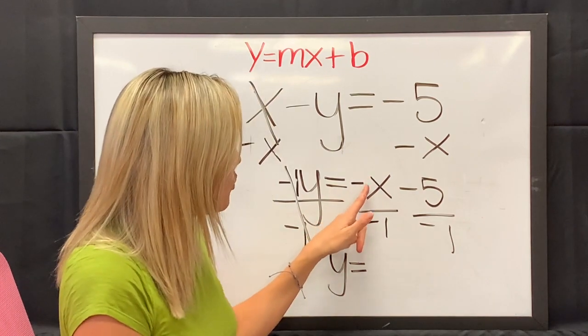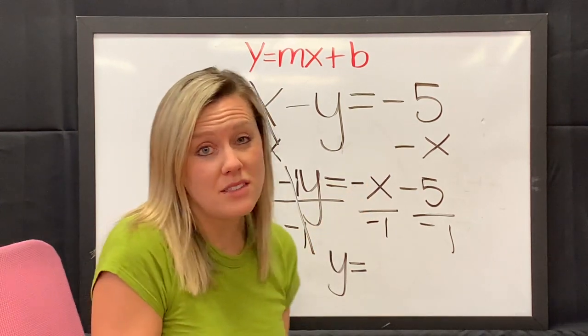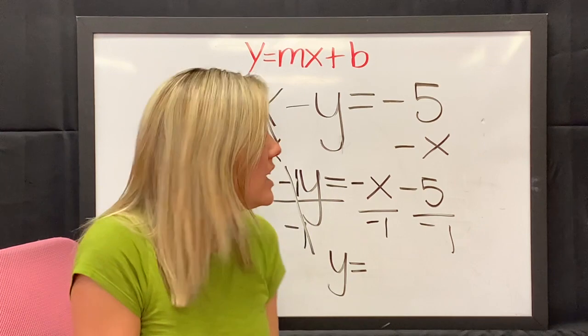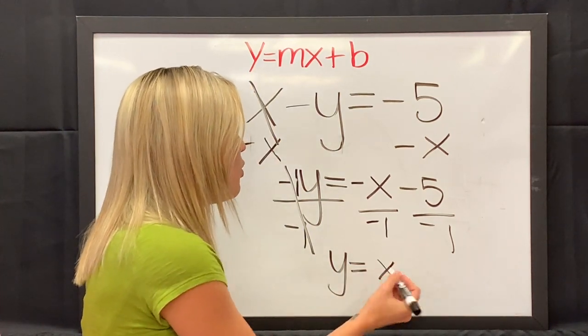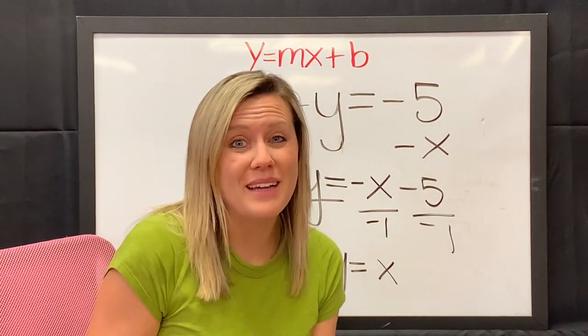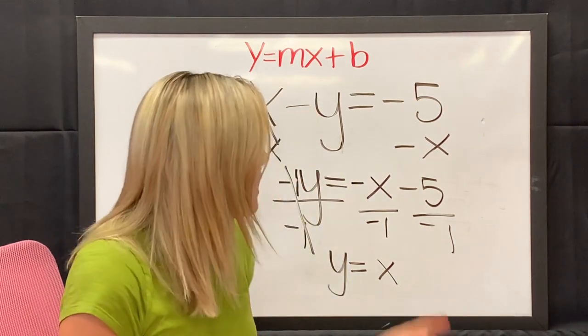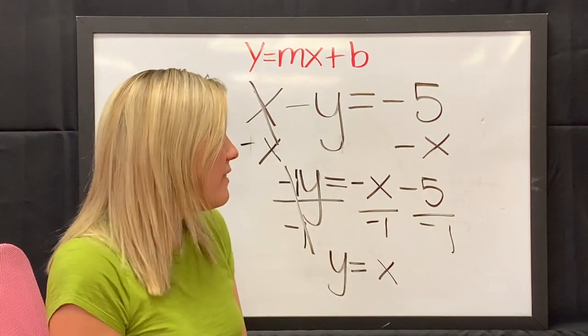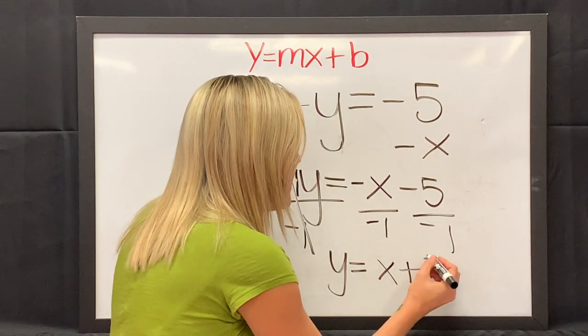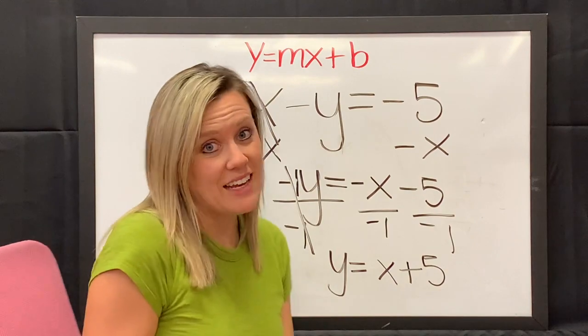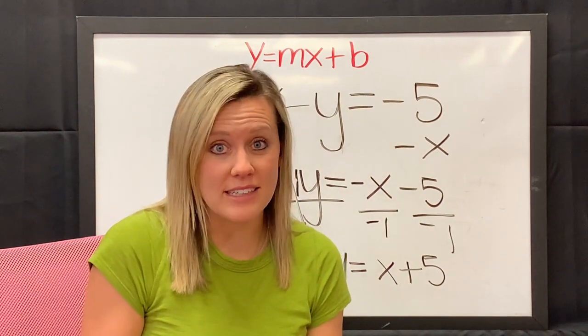And remember, there's a 1 right out here, and 1 divided by 1 is just 1. So we could write 1x, but I'm just going to write 1 positive x like that because it means the same thing. And then over here, a -5 divided by a -1 is going to give me a positive 5. Remember, a negative divided by a negative is a positive, okay?